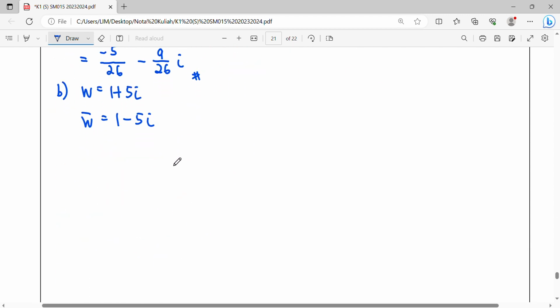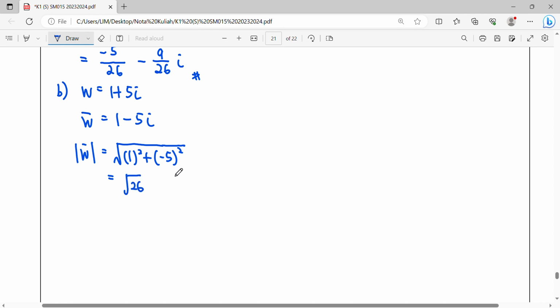So in polar form, the first thing we need is the modulus of the conjugate of w. Modulus equals the square root of a squared plus b squared. So this is our value of r, which is the square root of 26.